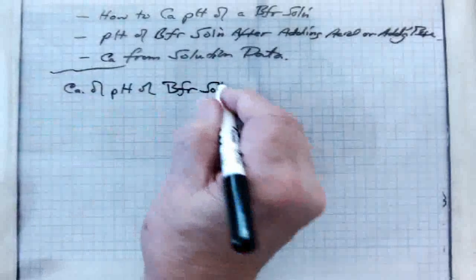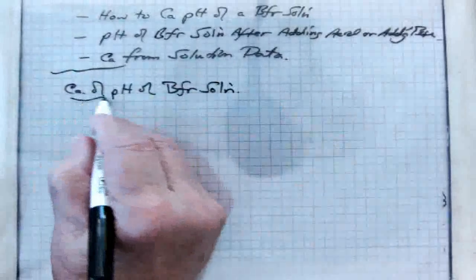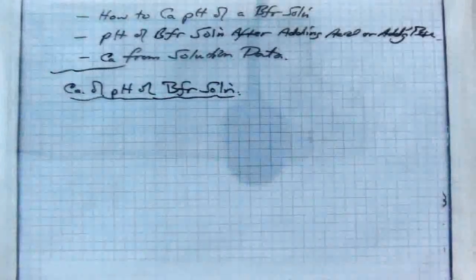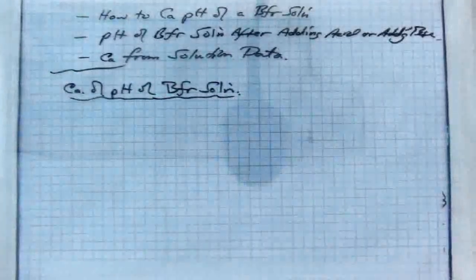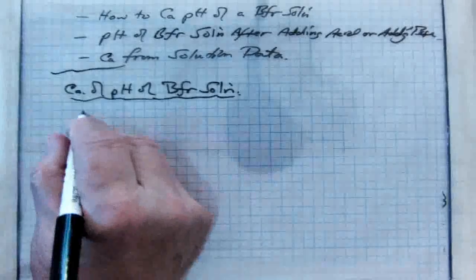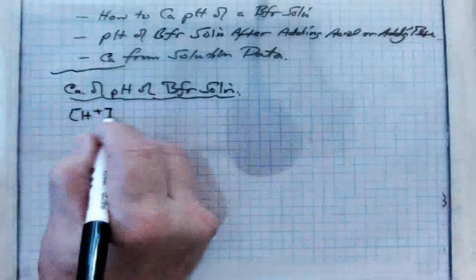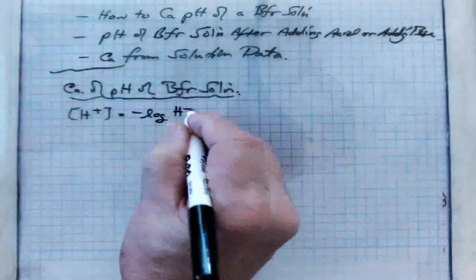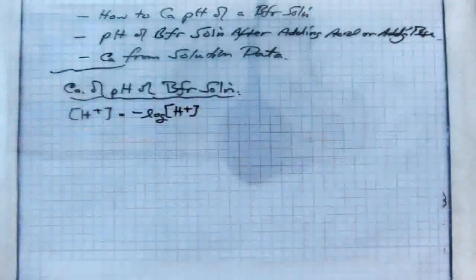So what we're going to start with is a 0.10 molar acetic acid plus a 0.10 molar sodium acetate mix. And this being the weak acid or weak electrolyte and the salt of the weak electrolyte.